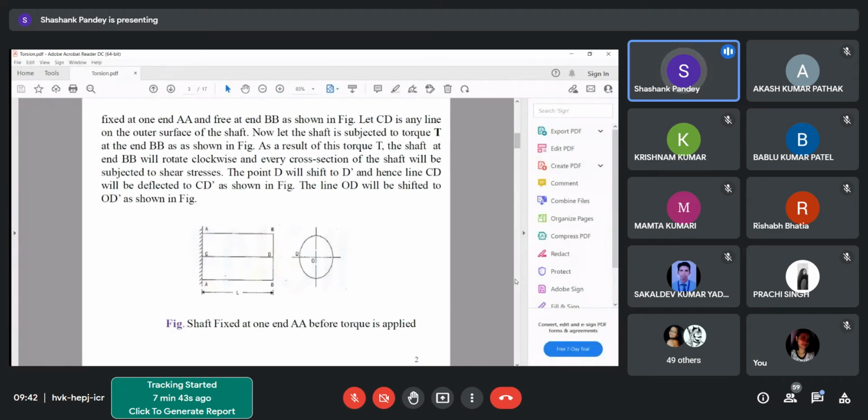I'll just read out what I have said. Fixed at one end AA and free at end BB as shown in figure. Let CD be any line on the outer surface of the shaft. Now let the shaft be subjected to torque T at end BB as shown in figure.